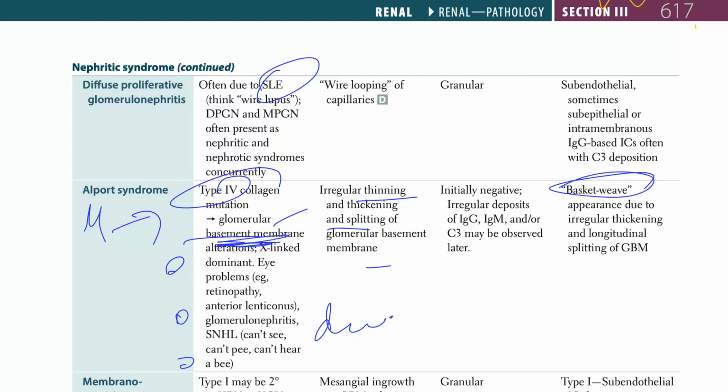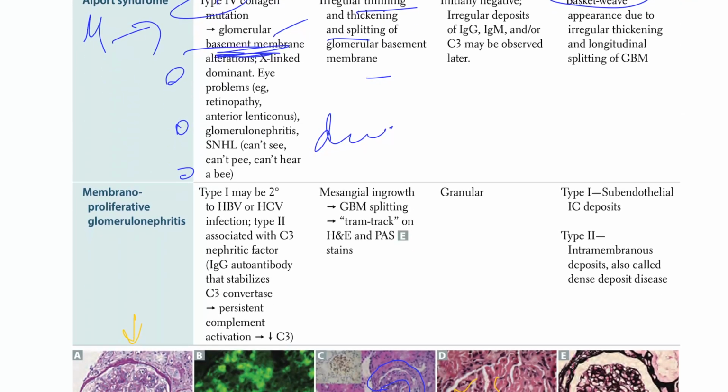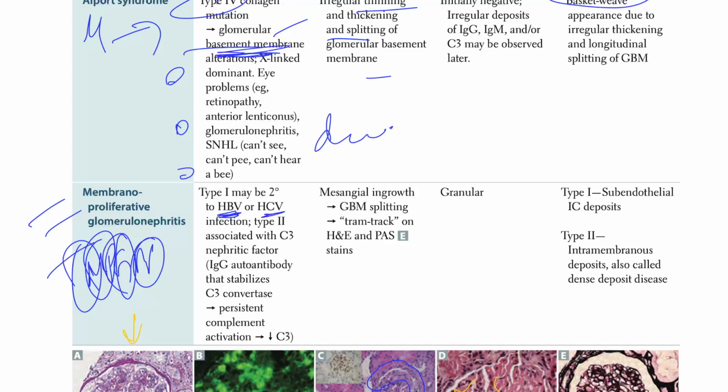Let's continue with membranoproliferative glomerulonephritis, MPGN. You have two types.